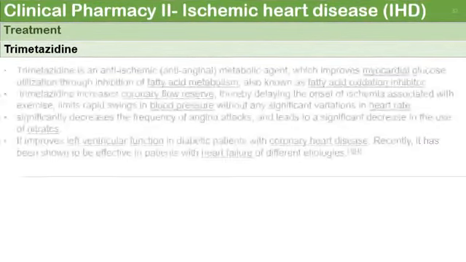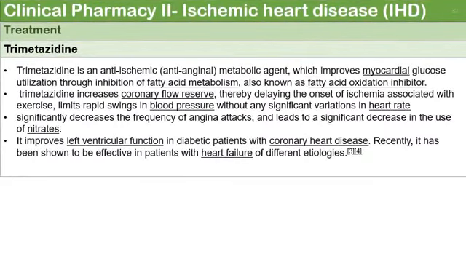The third line agent is the first anti-anginal anti-ischemic agent or metabolic agent, which is called trimetazidine, that improves myocardial glucose utilization through the inhibition of fatty acid metabolism, or it's called fatty acid oxidation inhibitor. Trimetazidine increases the coronary flow reserve by delaying onset of ischemia associated with exercise.